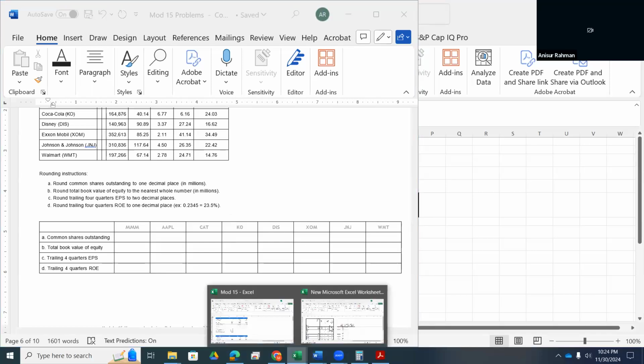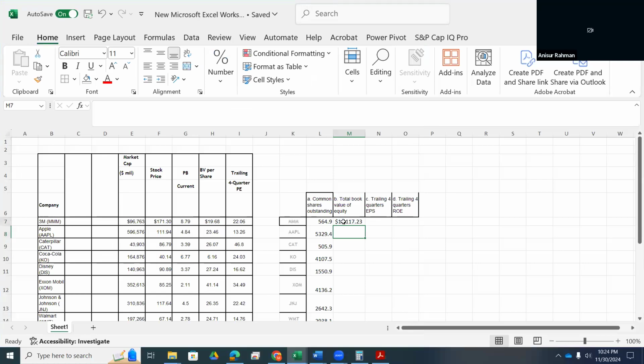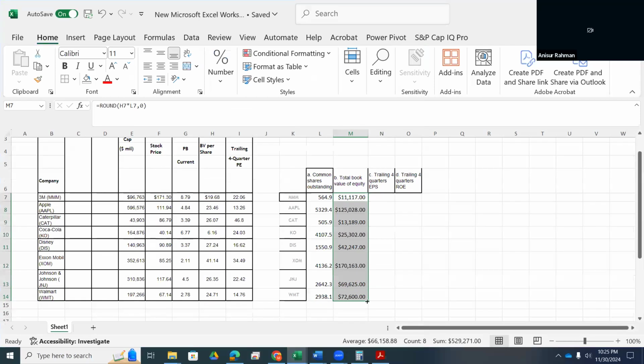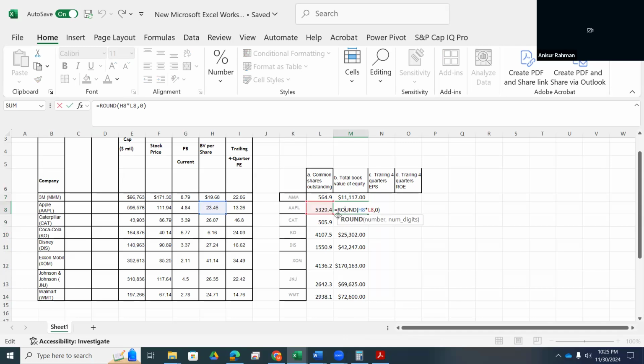In millions. So what we are going to do, we are going to come back to this formula, use a round formula, and we don't want any decimal. So enter, comma, and 0. And then we are going to just pull this formula down.